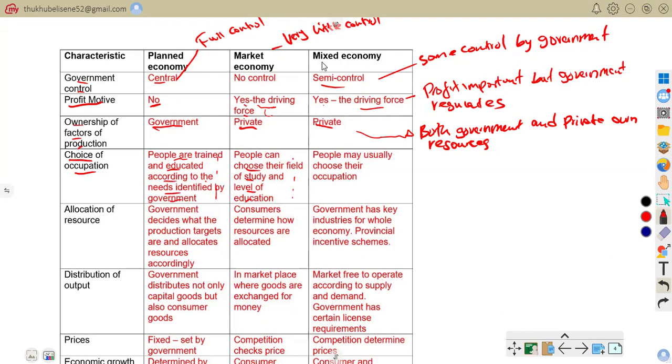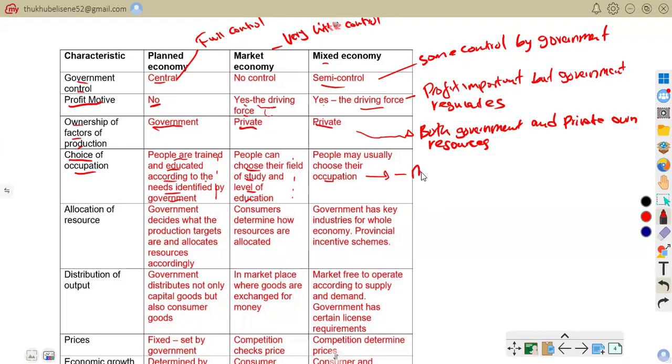But coming to mixed economy, the characteristic of choice of occupation is that people may usually choose their occupation, meaning mostly free choice but regulated. I will always want to give clarity on these ones.